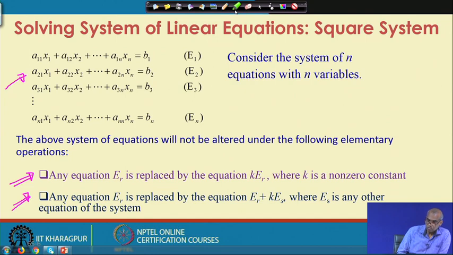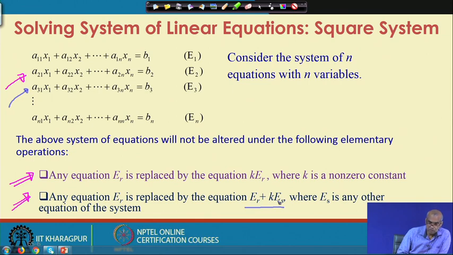So, this tells you that I can replace equation number 3, or the third row, by the sum of the third row and, let us say, a multiplication of the second row or any other row.